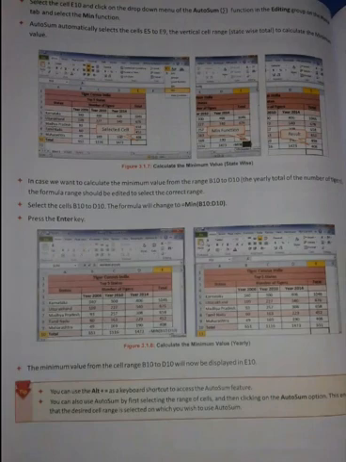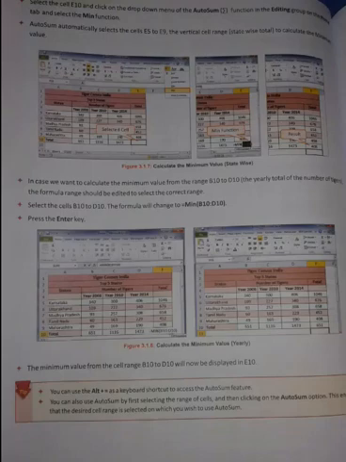Here in this example, the cells are from B10 to D10. B10 to D10 signifies that there are records there, and you have to select the range from B10 to D10, then enter equal to MIN and the range B10 to D10, and press the enter key.